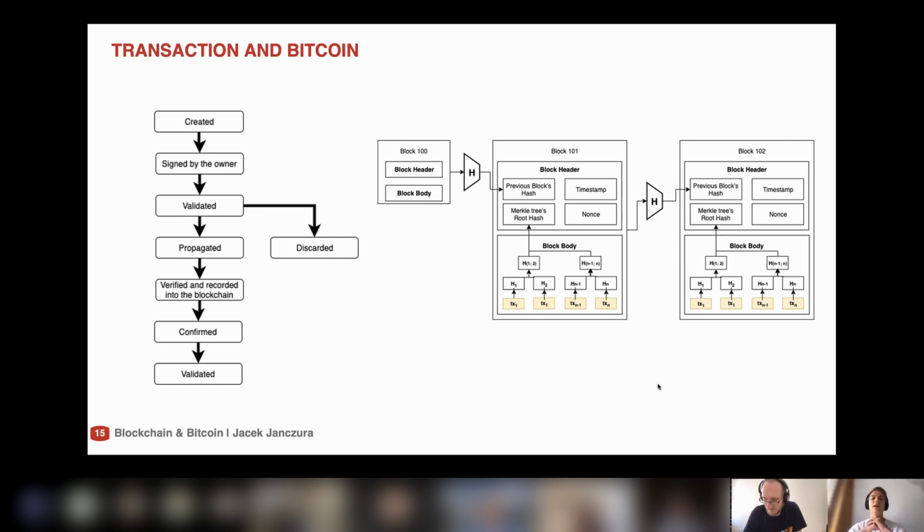So let's finally talk about transactions in Bitcoin. As we talked before, in Bitcoin we've got a block header. In the block header, we've got the previous block's hash, to keep the integrity of the blockchain, and we've got a timestamp of the person who solved the puzzle. We've got the nonce.